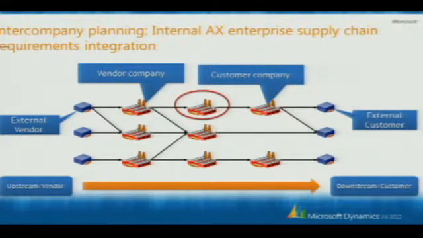Downstream are your legal entities that create the demand. Upstream are the legal entities, the production plants, the distribution plants, whatever. So this is our internal AX supply chain.